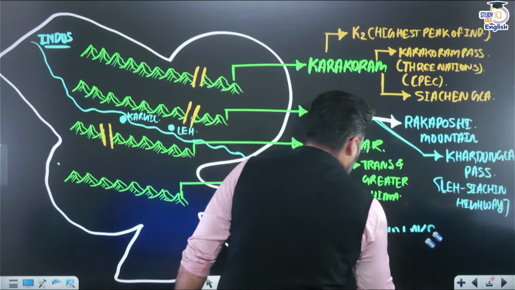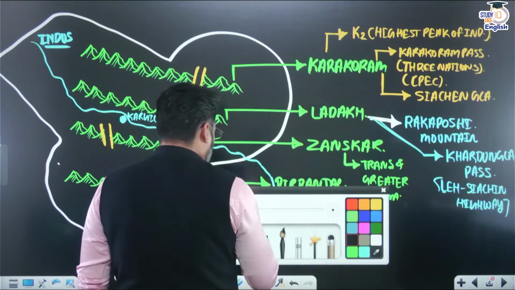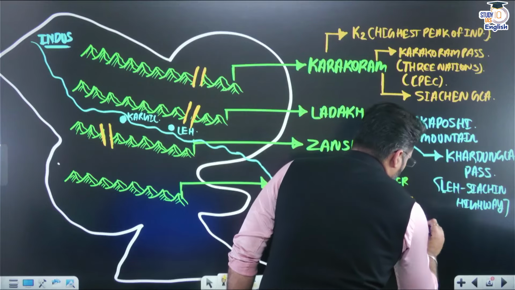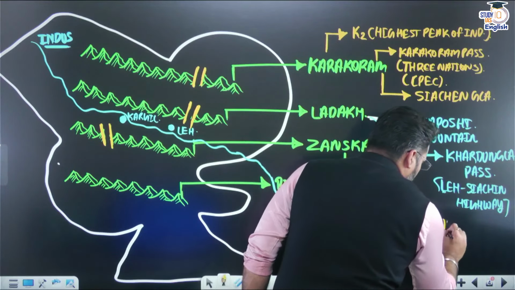I can remove that part because there is no need to mention it in this map. The first one, as I said, is Burzil Pass or Burzila Pass. This used to connect India with POK, or you can say India with Pakistan.